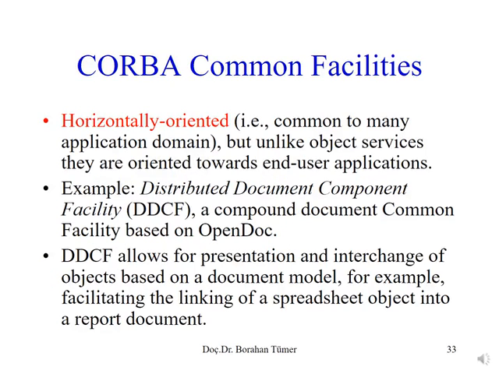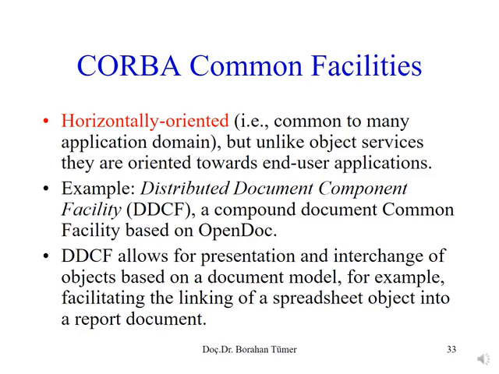Horizontal CORBA facilities are general purpose components such as user interface components that are common to many application domains, and unlike object services, they are oriented towards end user applications, which are called, as opposed to horizontal CORBA common facilities, vertical CORBA components.